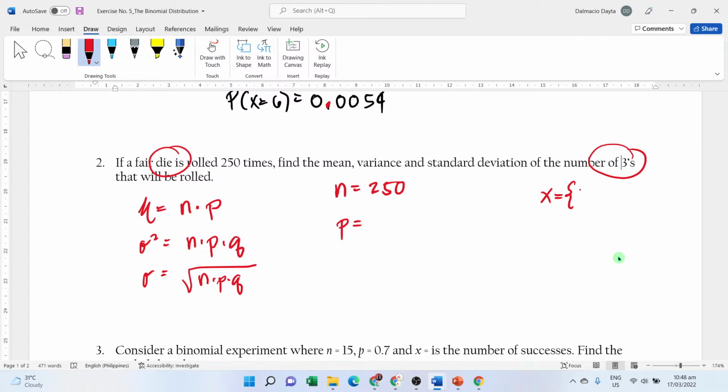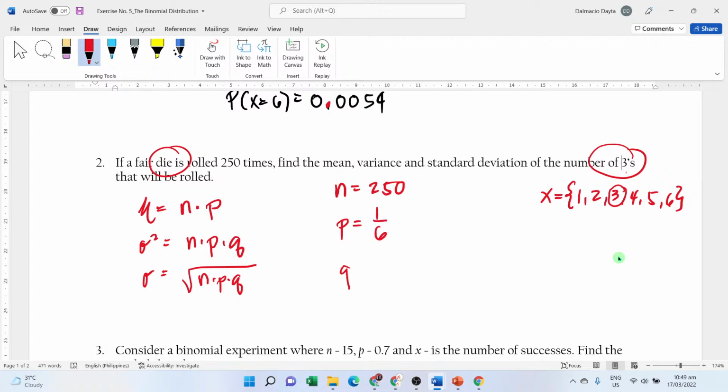That is 1, 2, 3, 4, 5, and 6. Anim lang naman yung pwedeng mag-appear doon, yung mga number of spots that would turn up. So what is the probability of getting 3? 3 is only 1 out of 6. That is 1 over 6.